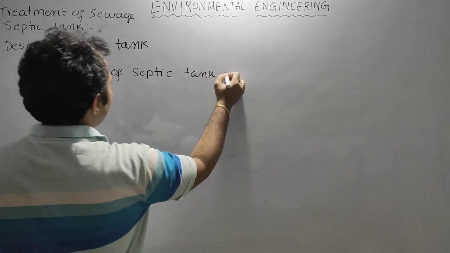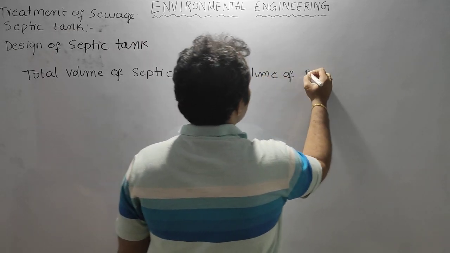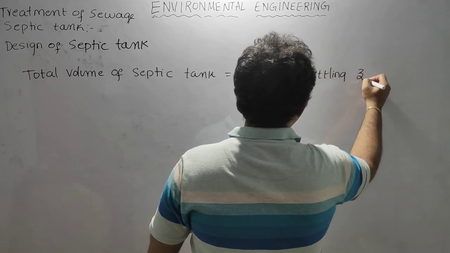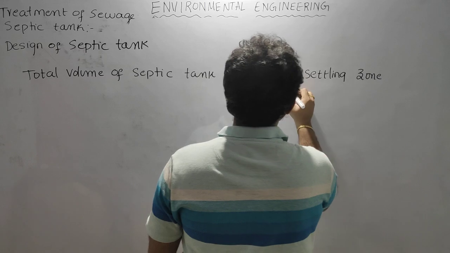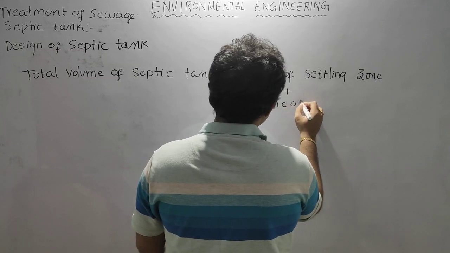Total volume of septic tank is equal to volume of settling zone plus volume of sludge zone.